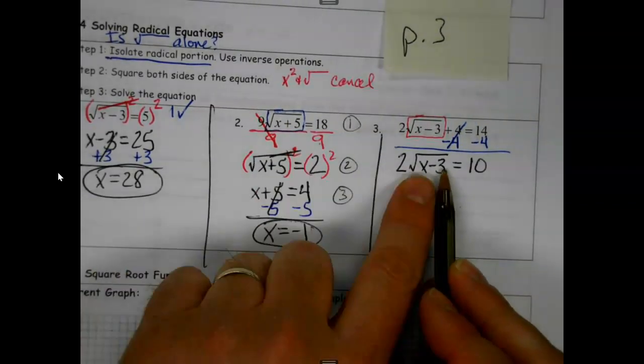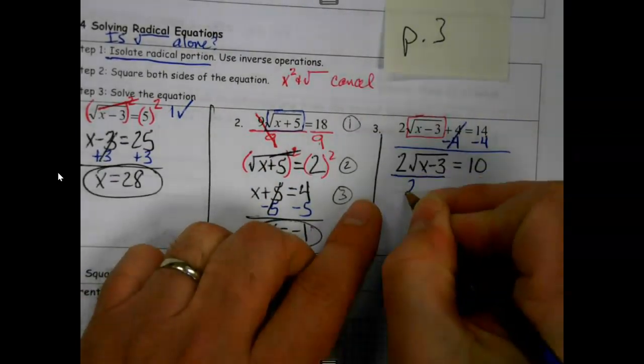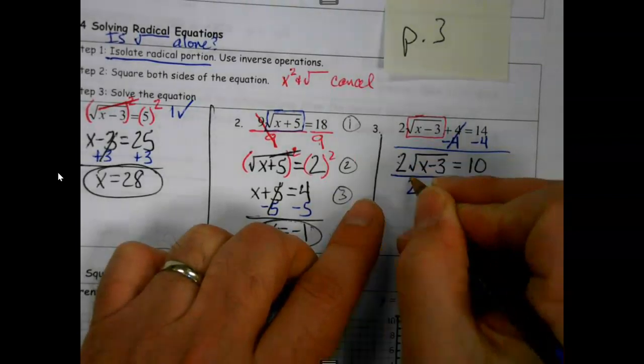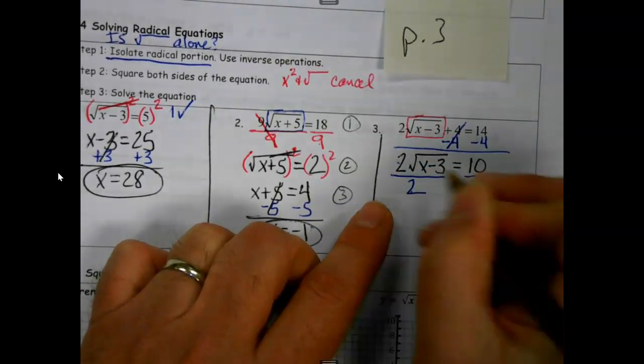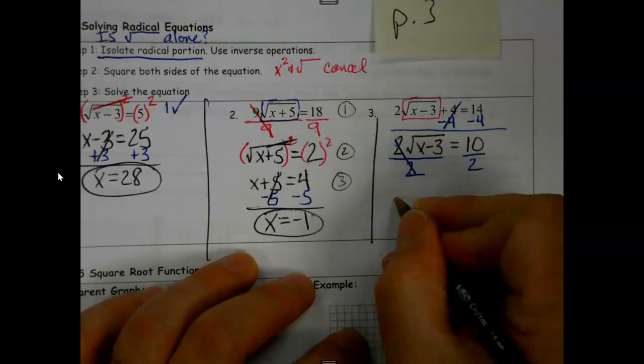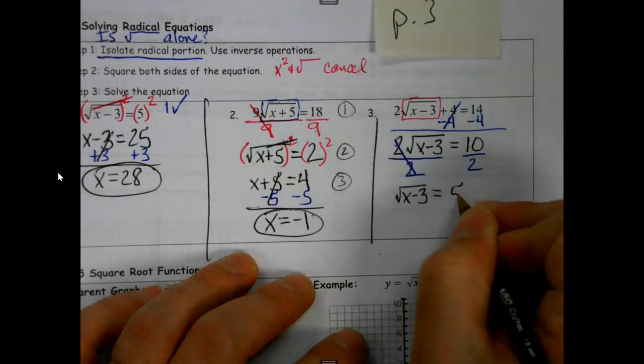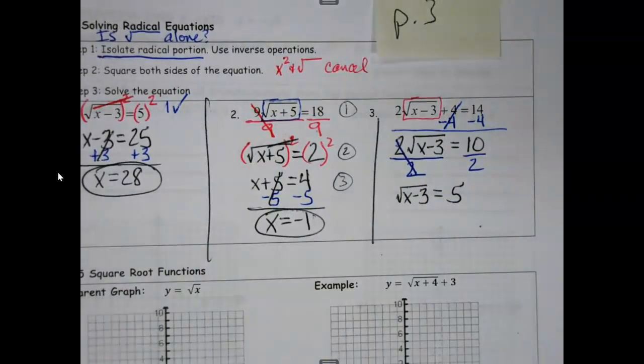Now we're in a situation similar to we were in number 2. We're multiplying by 2. The opposite is to divide. And after those 2 steps, we have made it. There it is. We have made it to the step.